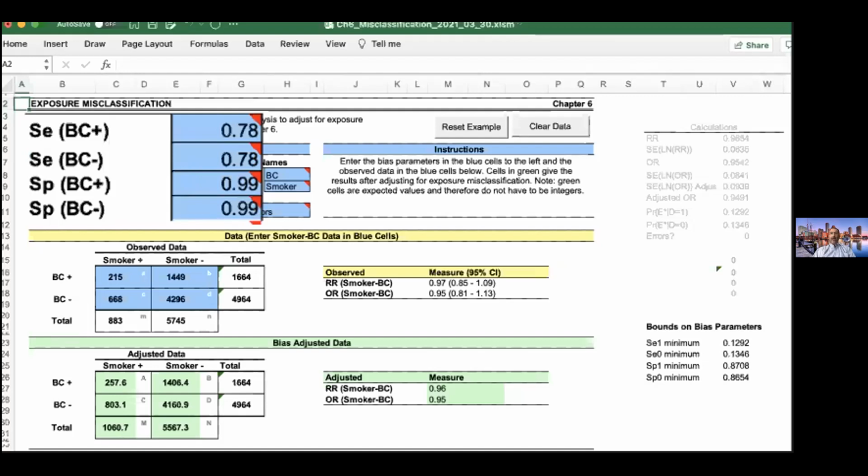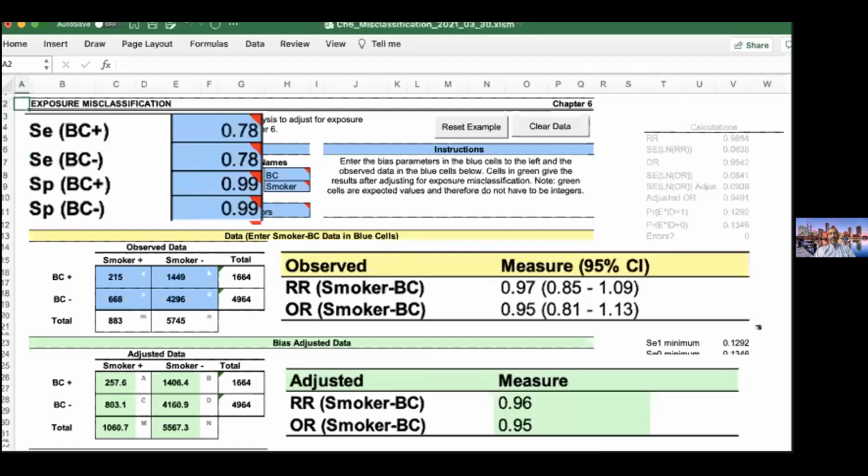We're going to assume non-differential misclassification. Therefore, the expectation is biased towards the null. So our adjusted estimate should be away from the null. And that is exactly what you see. So I've blown up the observed estimate, which was an odds ratio of 0.95. And then if you look at the adjusted estimate, after we account for the poor sensitivity, the point estimate actually doesn't move at all.